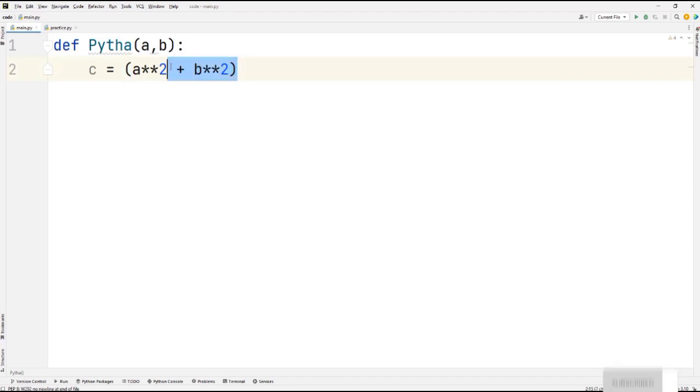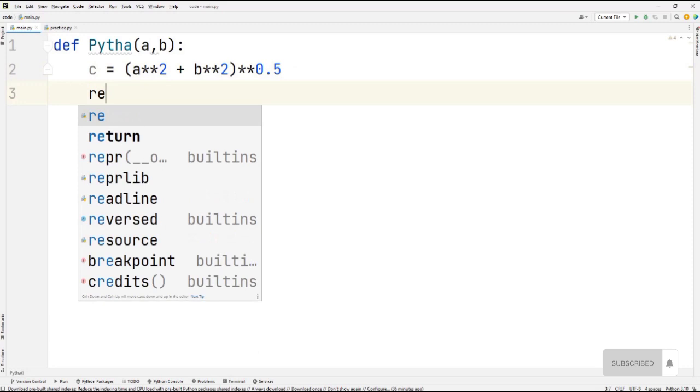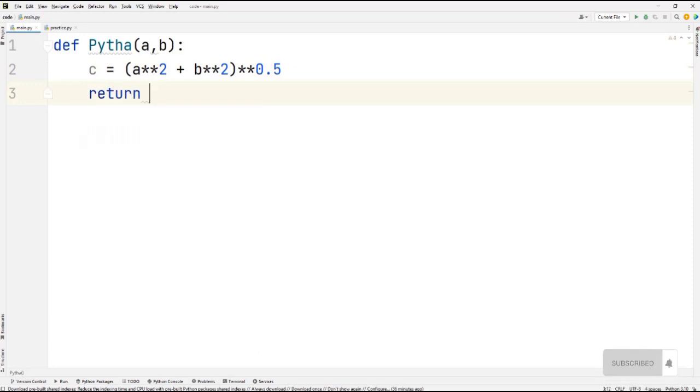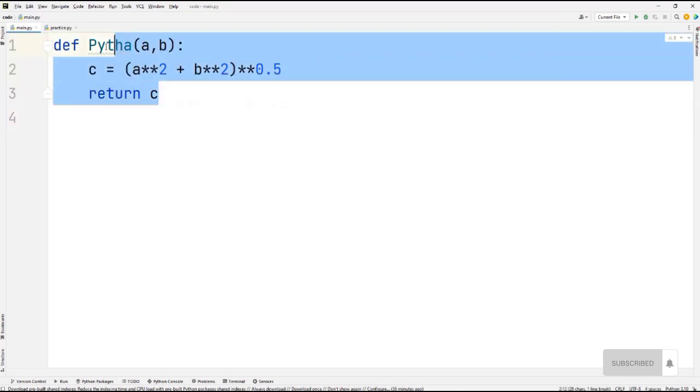I just put this thing in a bracket, and I'm going to put a power of 0.5, because a square root is equivalent to 1 upon 2, and 1 upon 2 is equivalent to 0.5. So this is how we're going to calculate the length of the third side. And in the last, I'm going to return the value of C. So this is a basic function that we have to calculate.